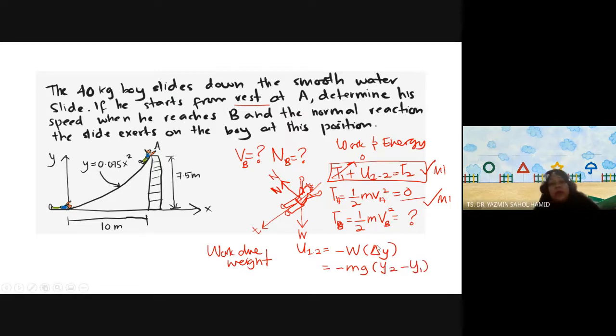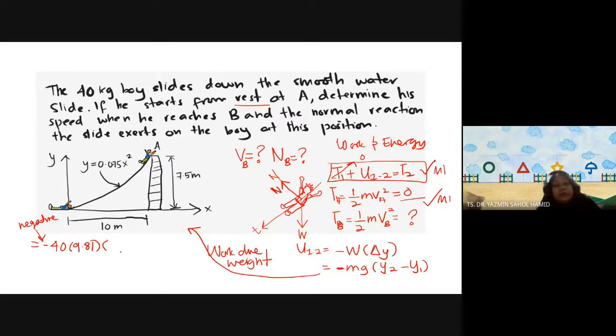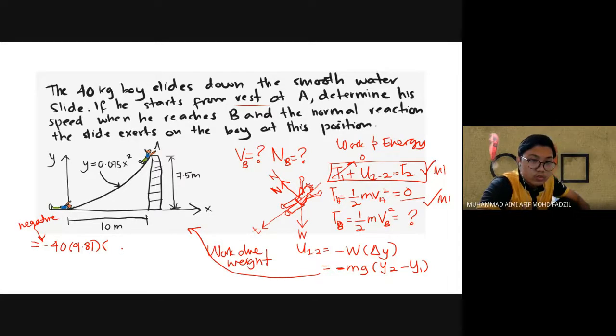Okay, now, what is mg? What is the mass? 40. Don't forget this, what is this? Negative. Don't forget this negative. Okay, negative 40. G is how much? 9.81. Okay, what is Y2? Y2 is 0.